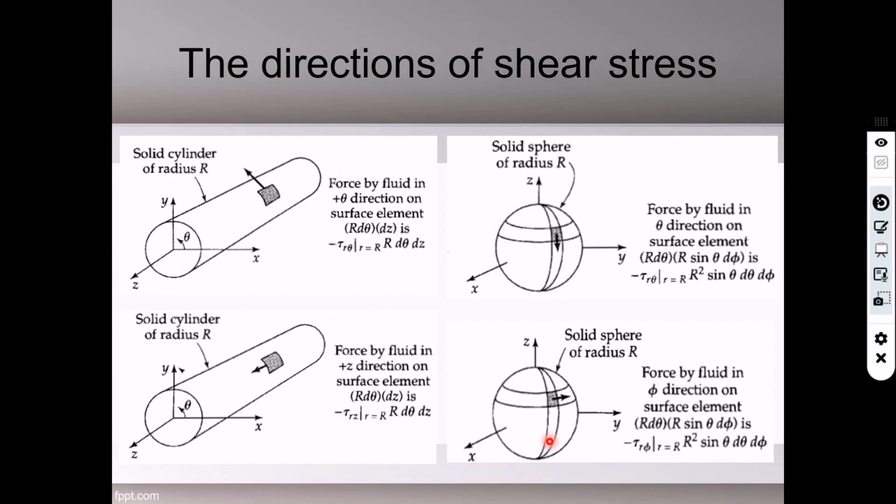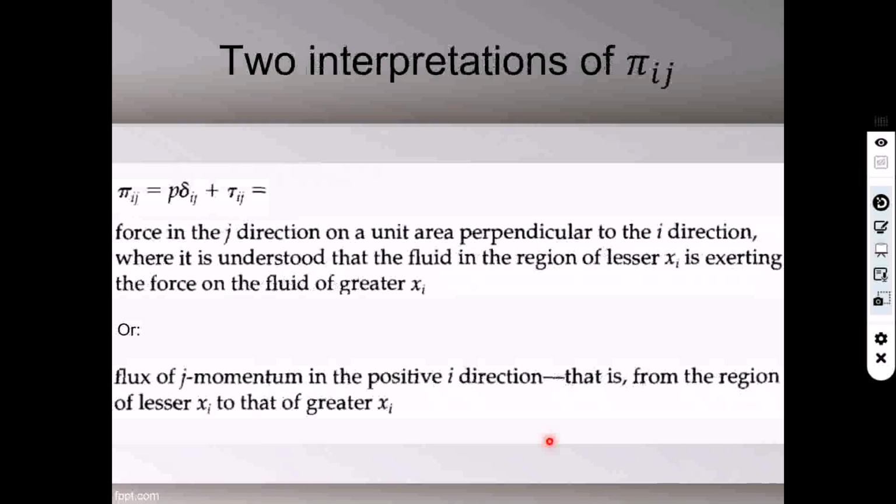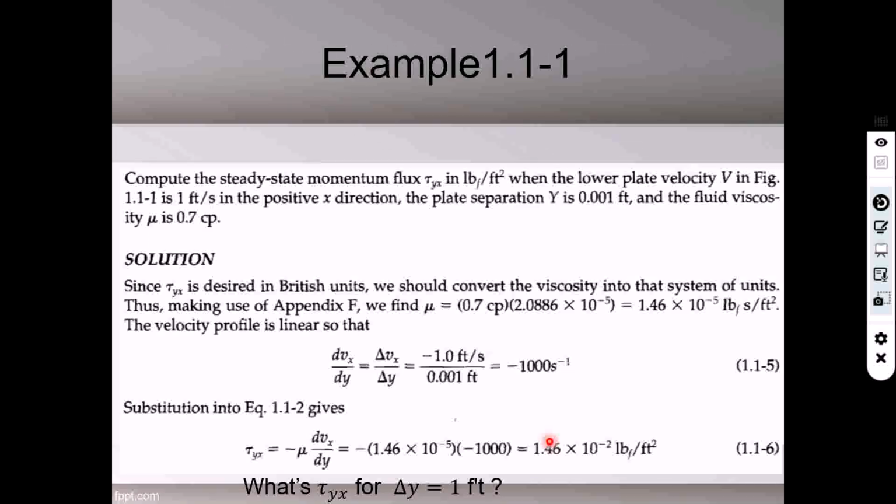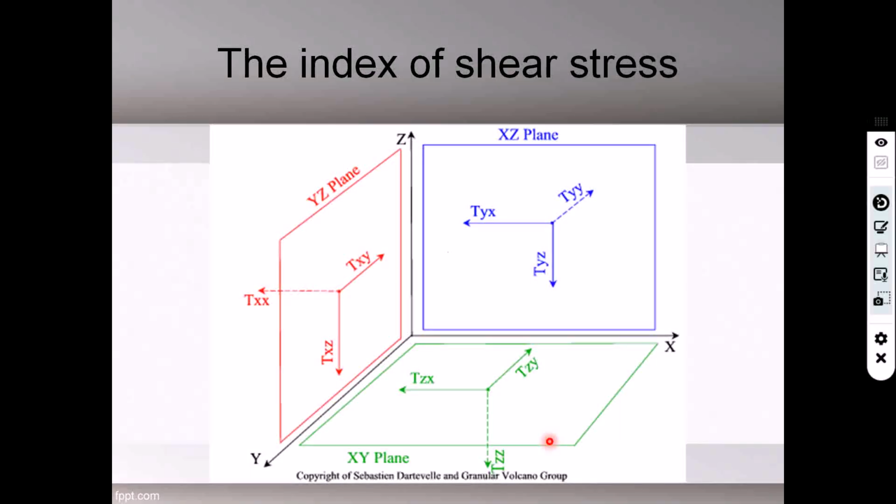And here is the direction of shear stress. It's actually the same as this one, okay? Similar, I shouldn't say similar to this one. We just try to let you have the visual feeling about the shear stress. Okay, so in this one we know the shear stress.